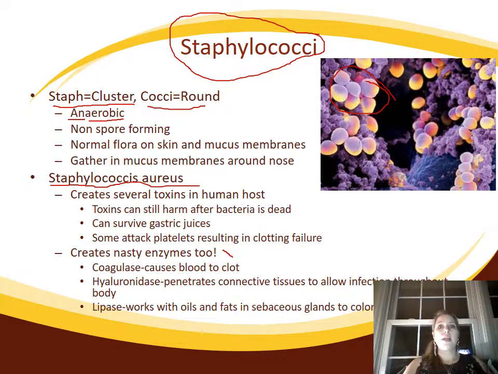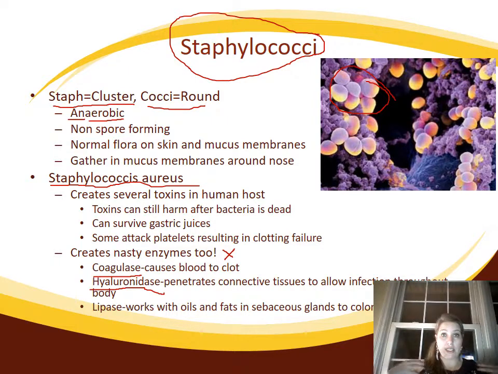It also creates nasty, nasty, nasty little enzymes, and we talked about enzymes being able to compromise tissues. So it creates three specific enzymes. There is coagulase, which causes the blood to clot. There is hydrogenase, which penetrates connective tissue, allowing infections to actually move into the connective tissues of the body.